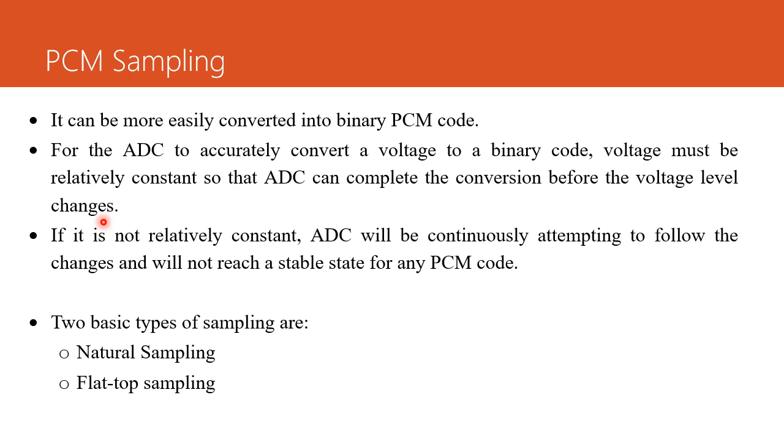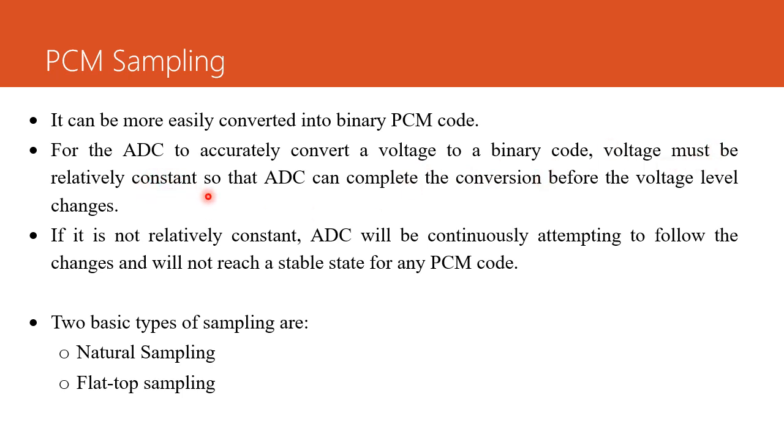If we give the analog signal directly to the analog to digital converter, that conversion will not happen accurately. So for that, we have to make use of this sample and hold circuit. That is, for the ADC to accurately convert a voltage to a binary code, the voltage must be relatively constant.